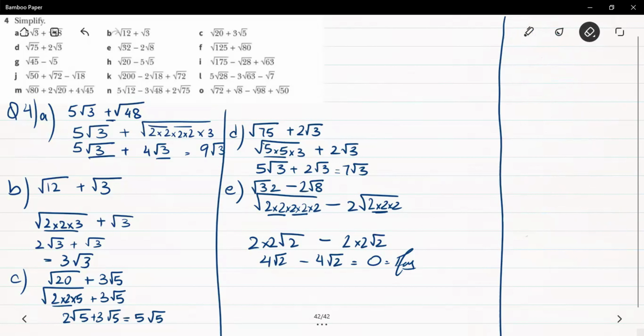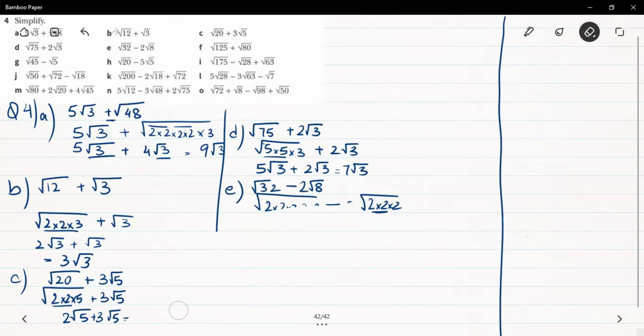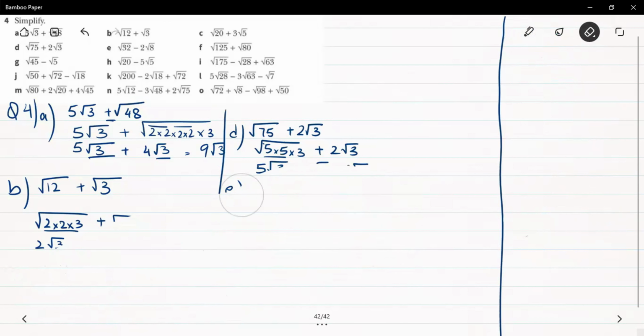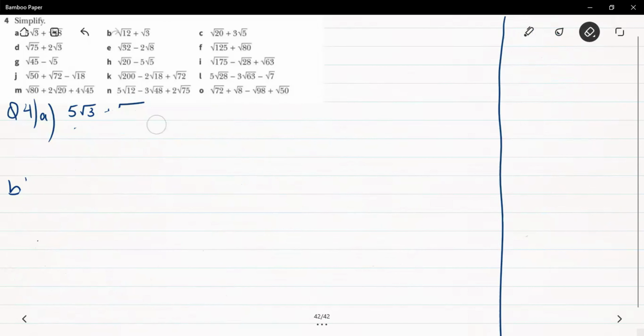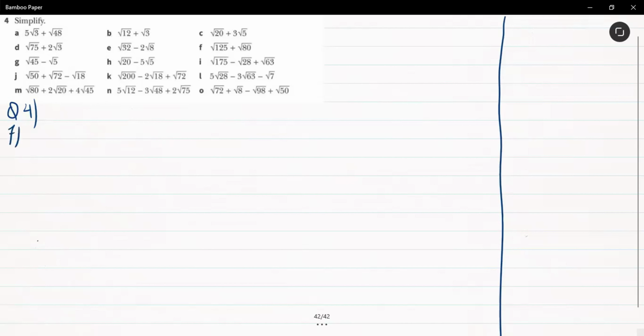Okay, for part F, we have something like √125 + √80.